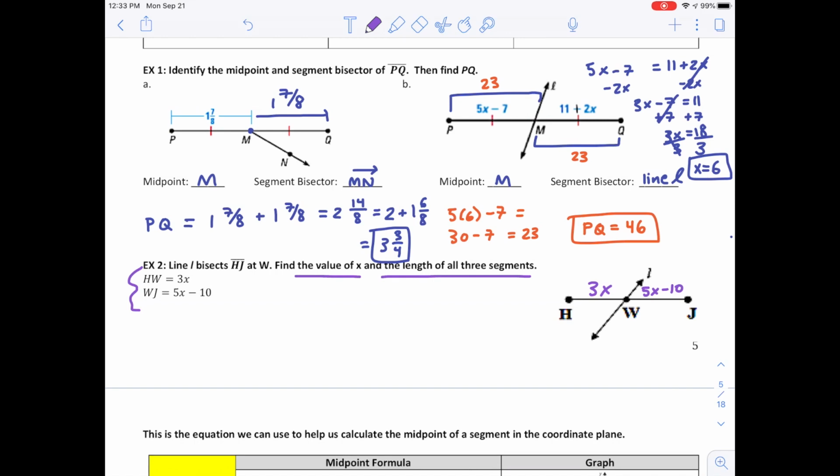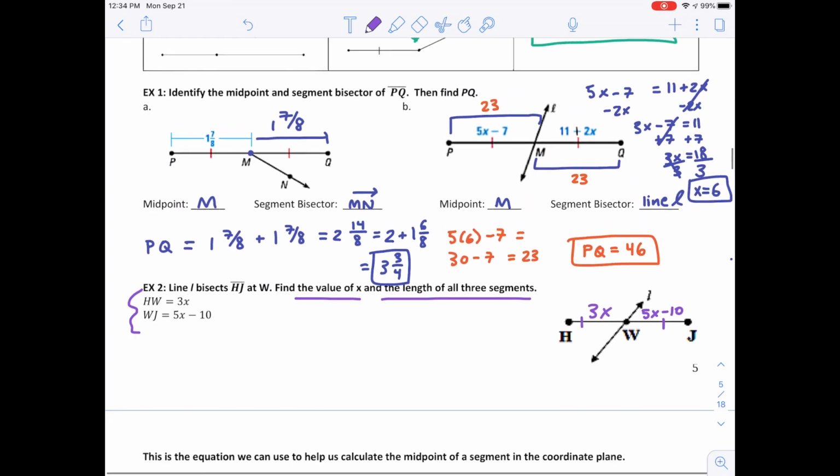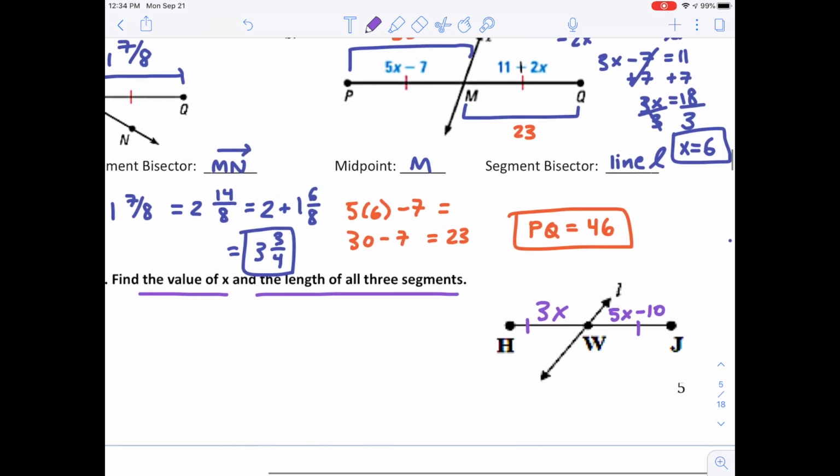So we must stop and think to ourselves, okay, if I'm going to find x, I need to have something that I can set equal to something else. And in that way, we're going to use the information that these are bisectors, because that means that the length of HW and the length of JW are going to be the same. So we can set them equal to each other, and that's going to let us solve for x.